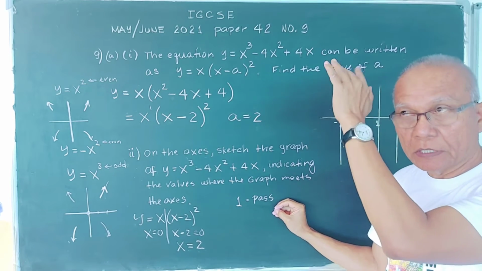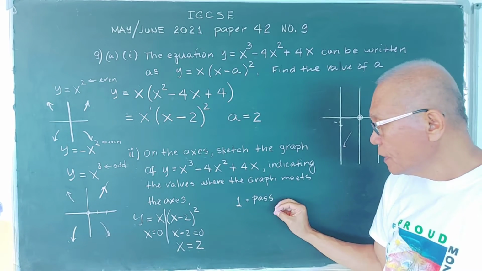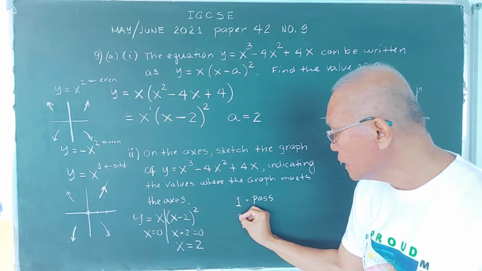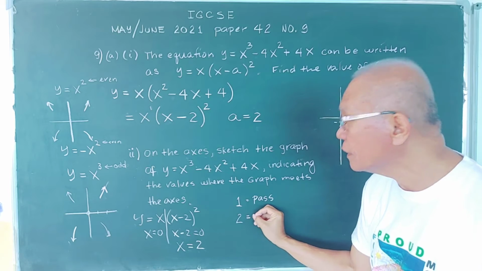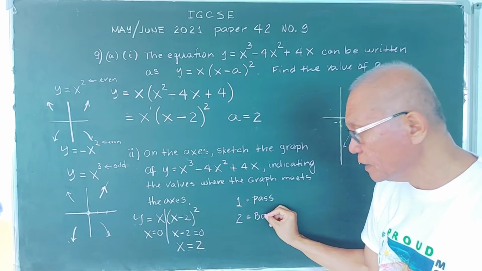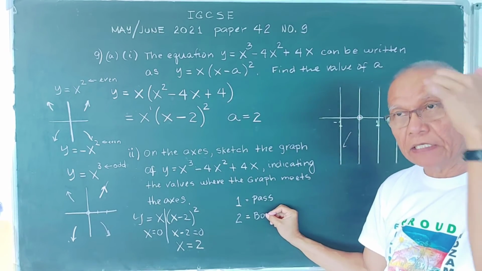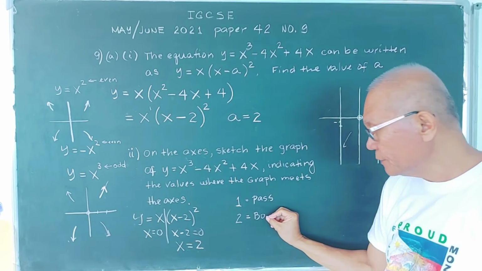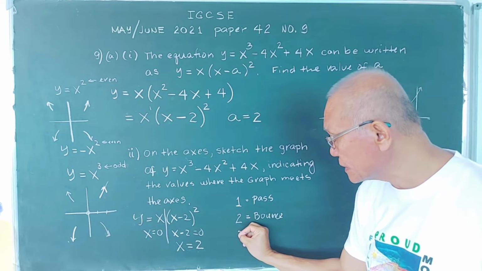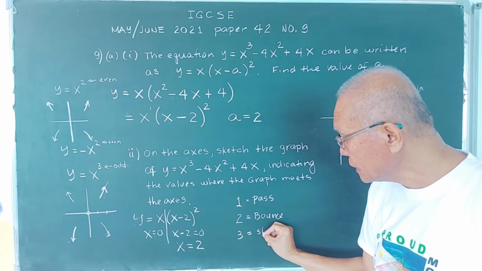If it is above, it will just pass through the x-axis and go to the lower part. If that is 2, it will bounce, meaning it will not pass, it will just bounce like a parabola. If the multiplicity is 3, it will slide.